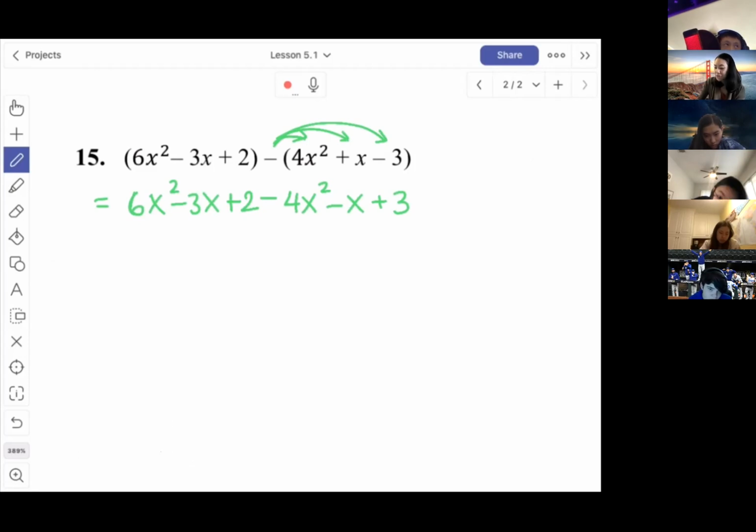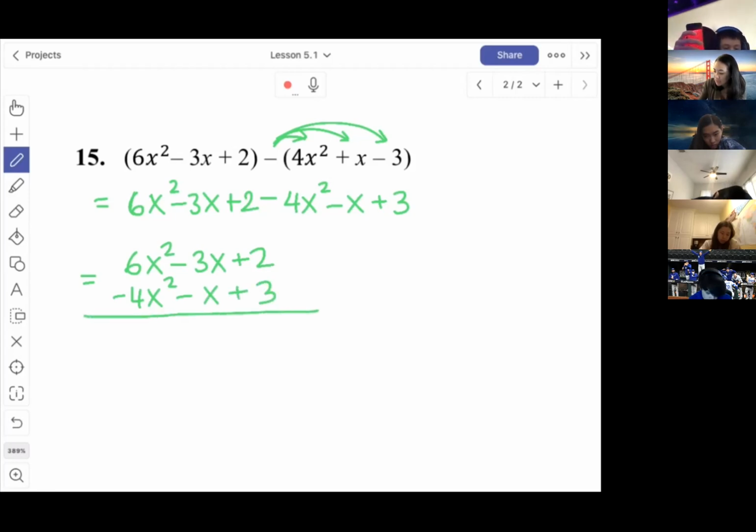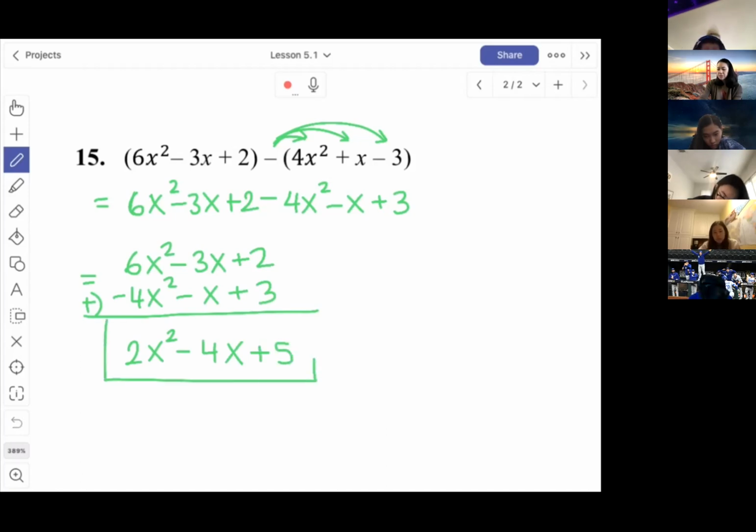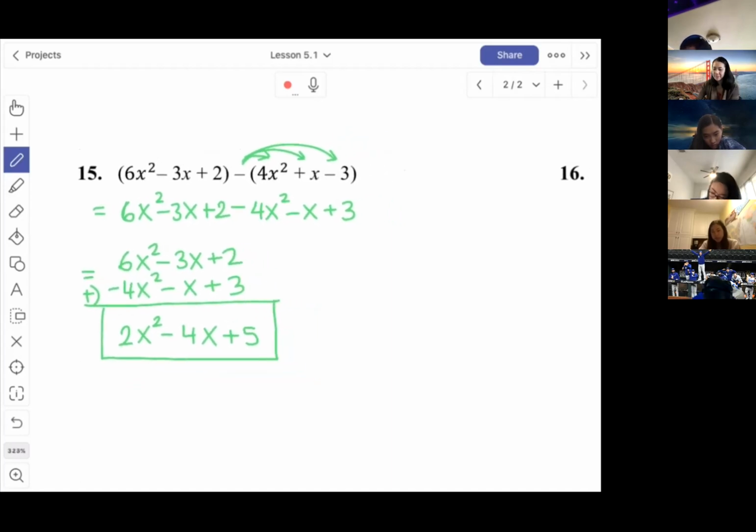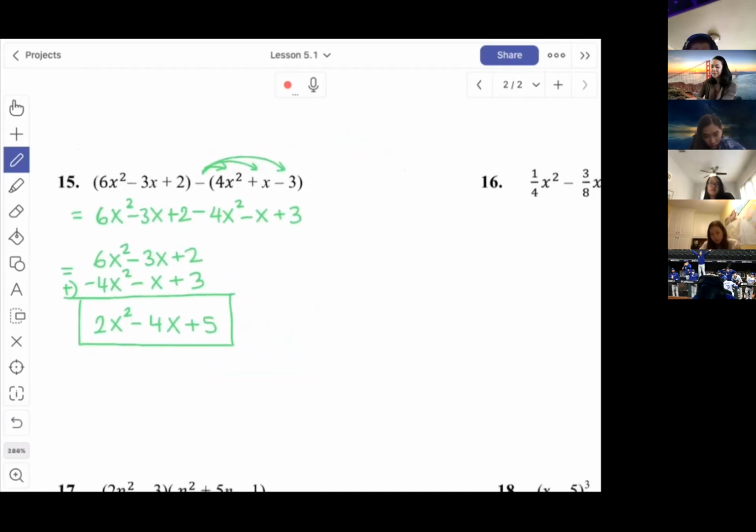What you can do is stack your like terms if that's a little bit easier for you to visually combine. That way it might be just a little easier to combine like terms. So that's just a little trick you can do. And I get 2x squared minus 4x plus 5.